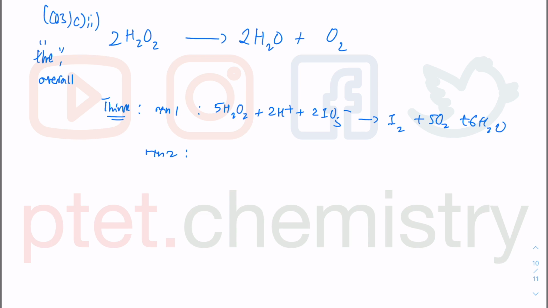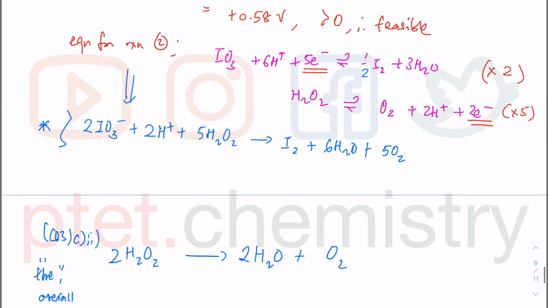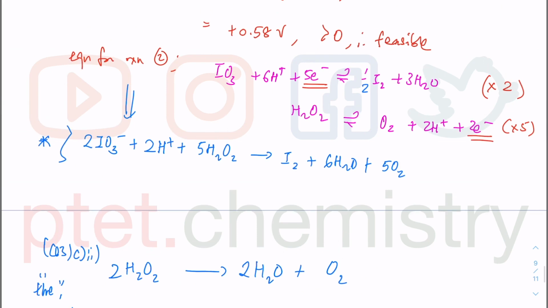In reaction 2, which you did write the equation, H2O2 gives you 2IO3 minus plus 2H plus 4H2O. Actually, did I make a mistake? Let me see. 2IO3 minus plus 2H plus 5H2O2. I think that's all right.